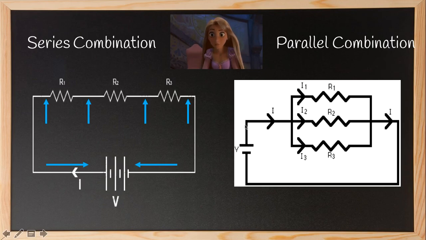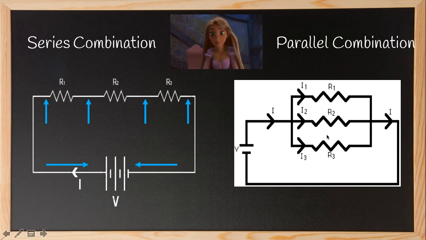They are not in a line. In the series combination, they are connected end to end, with no zigzag or other shape formation. But here it is exactly like a box, and they are not continuous.